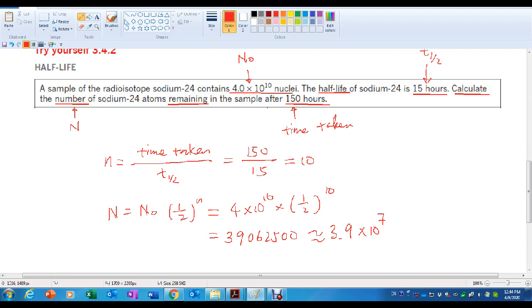But of course, you need to simplify this because the numbers in the question are correct to two significant figures, so you better round off to 3.9 times 10 to the power 7. So that's the number of radioactive nuclides remaining in the sample after 150 hours. Okay, good.